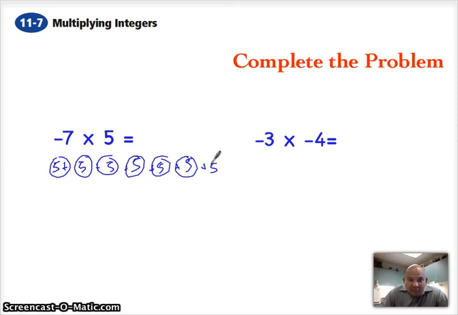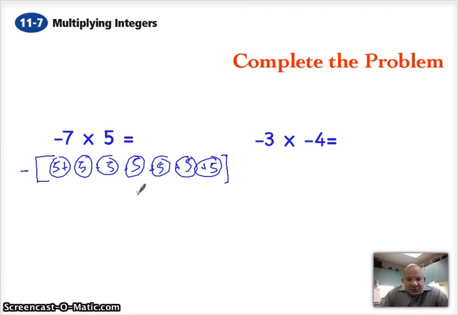Boy, my handwriting really terrible, isn't it? And then we have to take the opposite of that. Now, if you remember the shortcuts, you'll be able to do this without this step, but this is just to show you where that comes from.